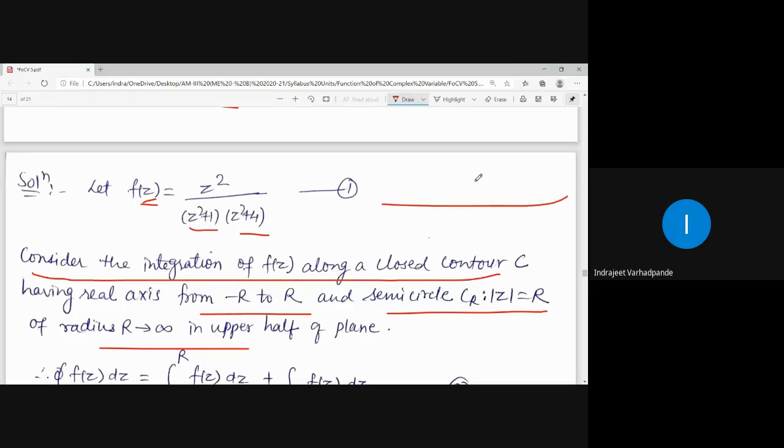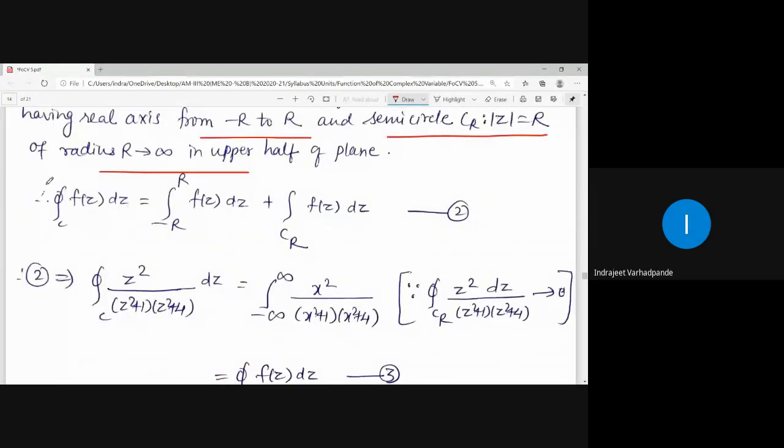See, every time you do not have to draw this particular figure, but it is the real axis minus r to r and this semicircular contour which is called CR, which is mod z equal to r. So the integral over the closed curve C of f of z dz is the integral from minus r to r of f of z dz plus the integral over CR of f of z dz. Here I will tend r to infinity.